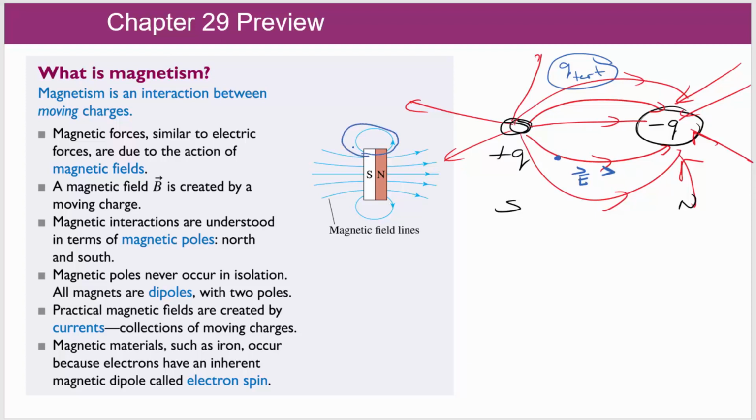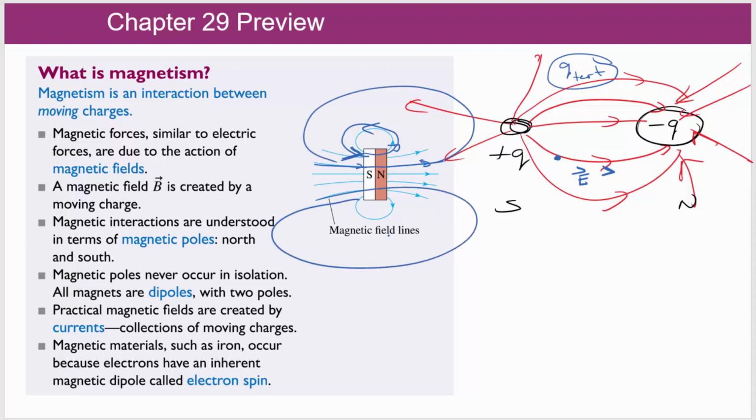You can think of this as it enters the south pole, goes through the magnet, and leaves the north pole, in a complete loop. There's no starting point, there's no stopping point. This is what the magnetic field lines would look like, and we'll get to this in detail in this chapter. So always closed loops.